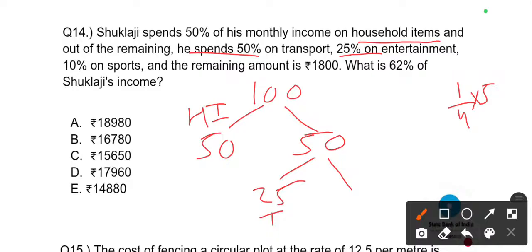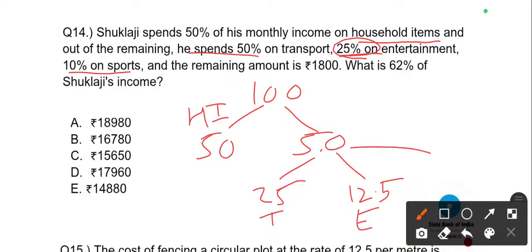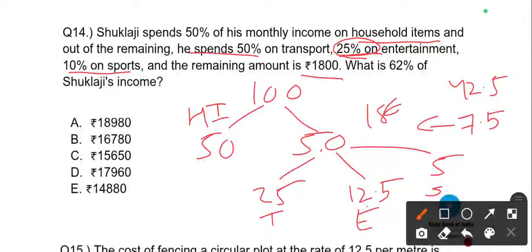So here 25% on entertainment means 25% of this one, which will be 12.5 on entertainment. 10% on sports means 5 on sports, and the remaining amount is 1800. So remaining will be 30 plus 12.5, which will be 42.5. So we are left with 7.5. 7.5 value is nothing but 1800.